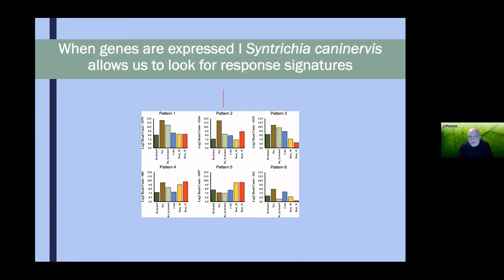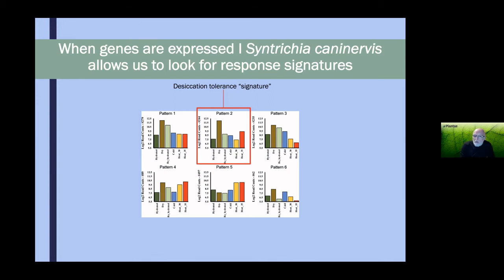And you can start to see patterns. This one here, pattern 2, shows a pattern that's related more to desiccation than any other of the patterns that we see. And so this gives us a signature. We can follow those signatures and look at how they are initiated in natural situations. Then we can say, what is this moss actually experiencing, and what is its major stressor? And you can see that's desiccation in this case.